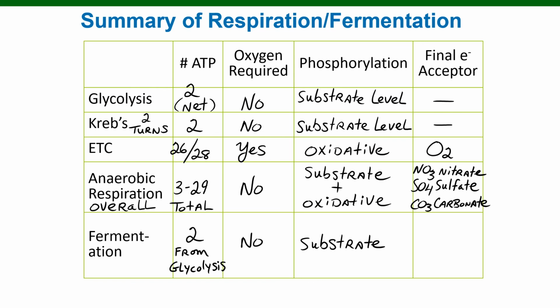Then we can look at which style of fermenter we're talking about. If we're talking about a lactic acid fermenter, then we can say the final electron acceptor is the pyruvate, which is directly used to produce lactic acid as a final end product. So pyruvate can be the final electron acceptor, or if we're talking about an alcoholic fermenter, then the final electron acceptor is acetaldehyde. And this concludes our coverage of Chapter 5 on microbial metabolism.